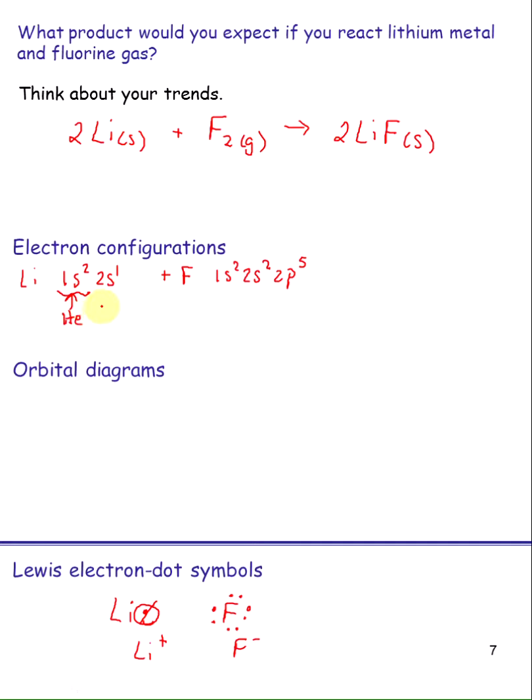And then when the fluorine receives that electron from the lithium, it puts it into that 2p orbital. So then we have 8 valence electrons in the fluorine, and that becomes like neon. So we have the lithium plus, which is 1s2, and the fluorine minus, which is 1s2, 2s2, 2p6.